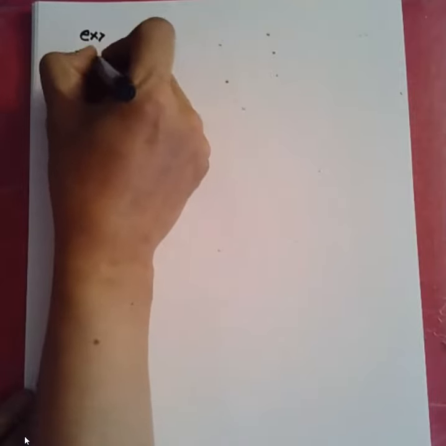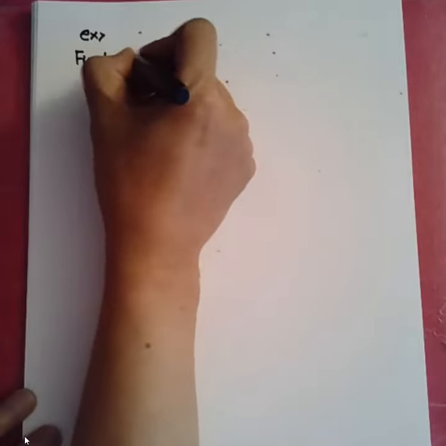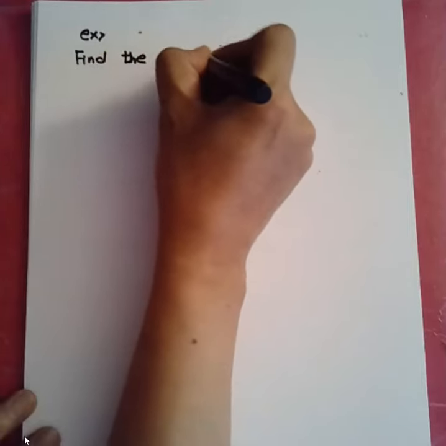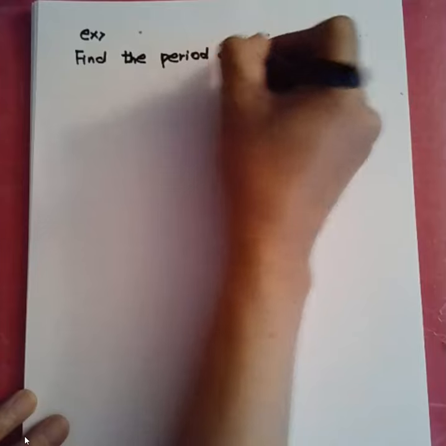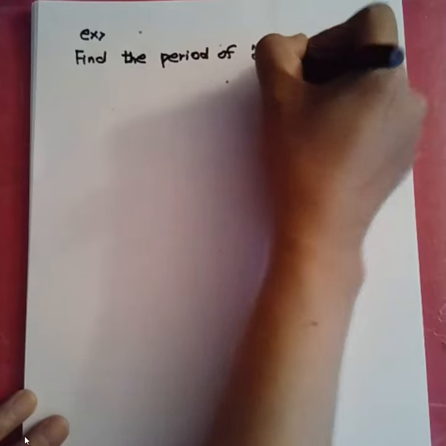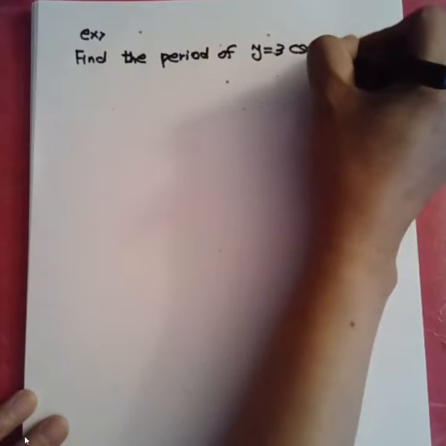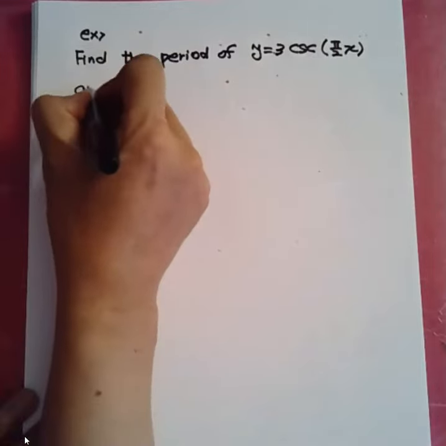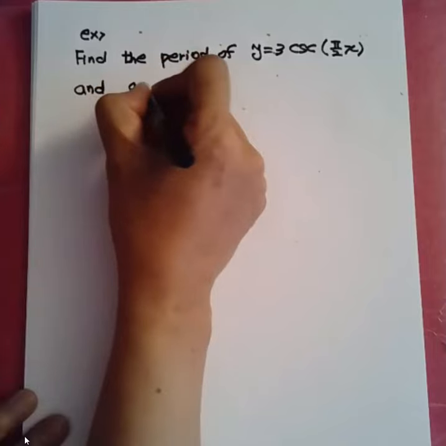Let's do the application problem. Find the period of y equals 3 times cosecant of pi over 2x and graph it.